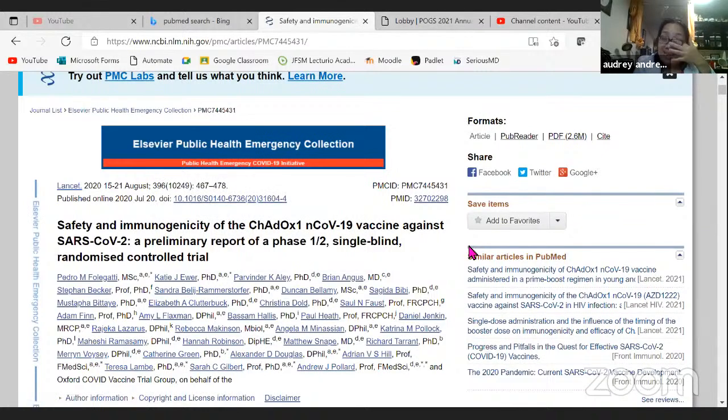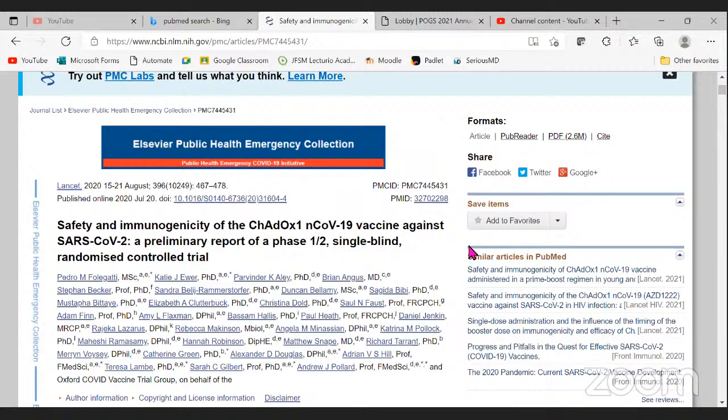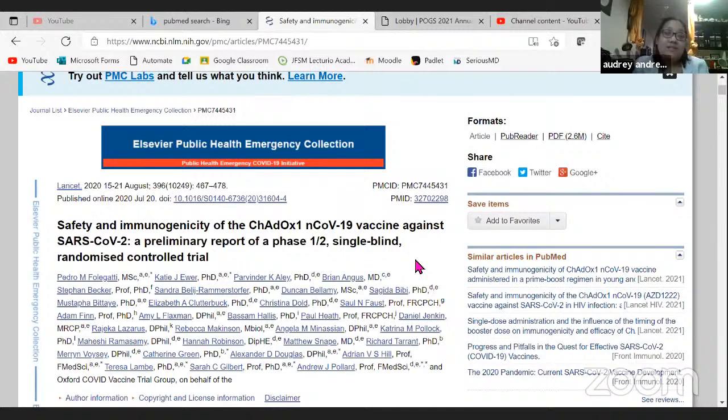So what kind of study? Descriptive or experimental? Experimental, doctor. And what kind of study? Randomized controlled trial. So it's a simple assignment.